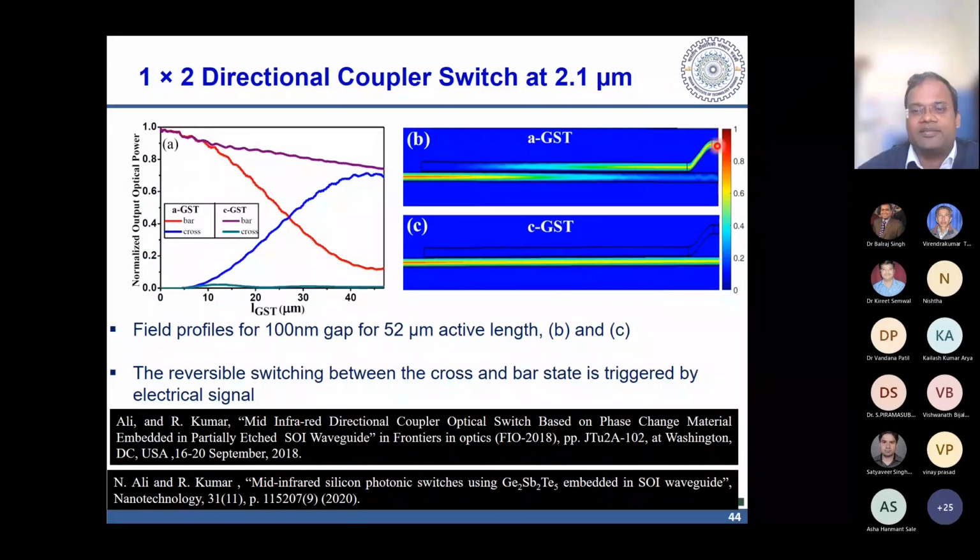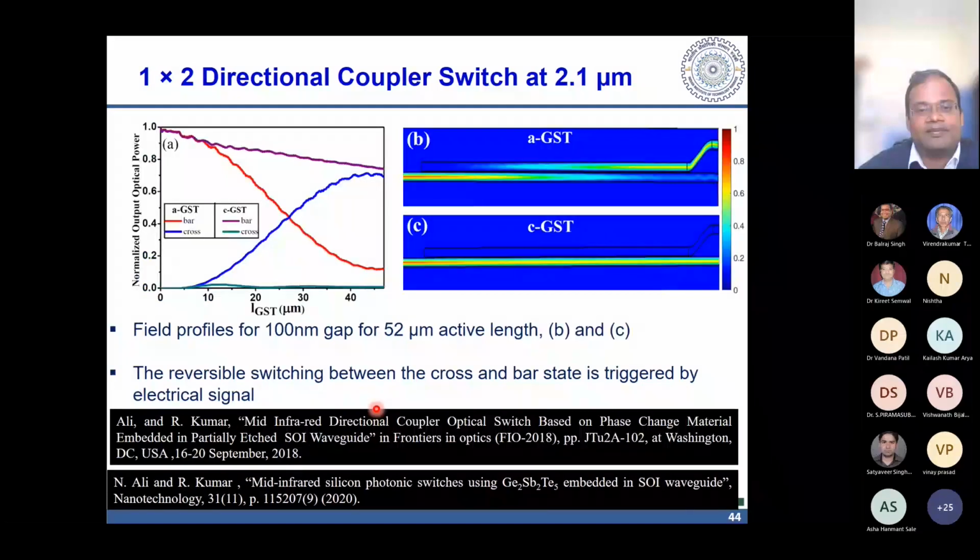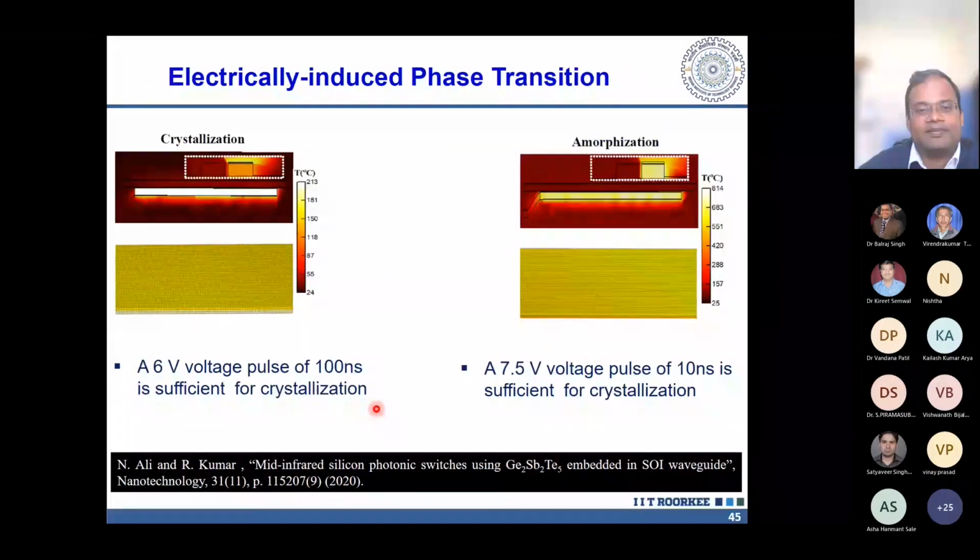So this is the directional coupler working as usually it works for the fiber based directional couplers also. Okay, so this all we have done by having the GST embedded into the silicon waveguide material. So again, for the sake of completeness, I am showing here the complete phase transformation is possible.